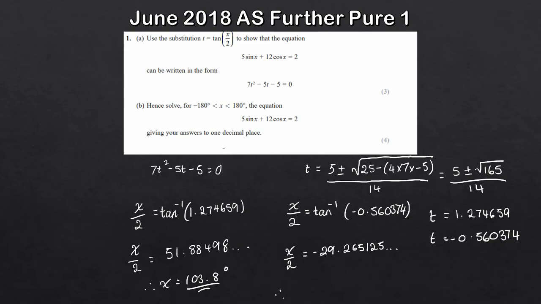The good thing is both of these solutions are between your range here, between minus 180 and 180. That's something you need to be careful of, but with it being the first question, we shouldn't expect anything too crazy. So times this by 2, we get minus 58.5 degrees, again to one decimal place. So that brings us to the end of that one. We get two solutions: x is 103.8 and minus 58.5.